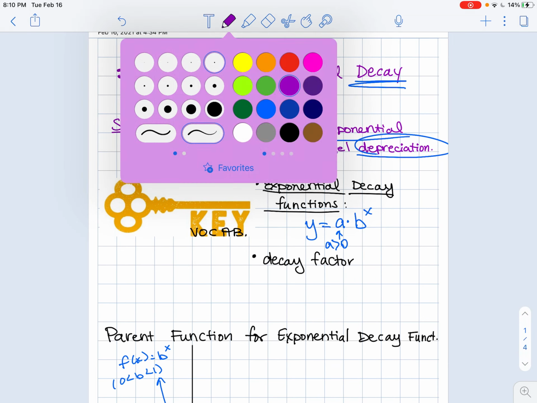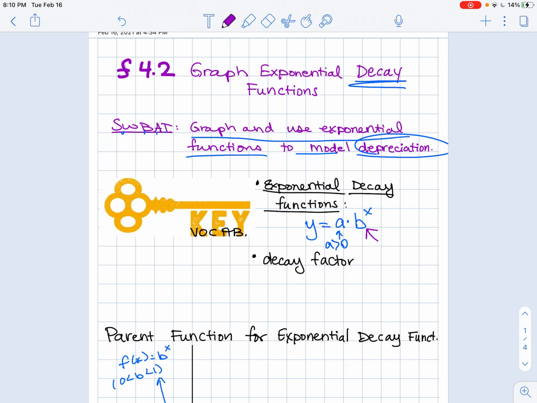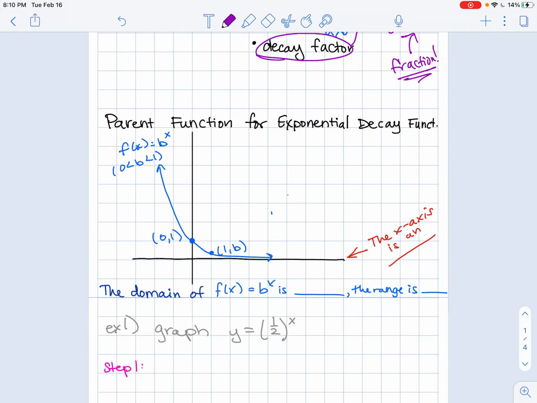And the b value, however, is between 0 and 1, meaning it's a fraction. It's smaller than 1, but it's not negative. And b is also called the decay factor, which tells you how fast something is going to decay or get smaller. So let's talk about the parent function for the exponential decay.